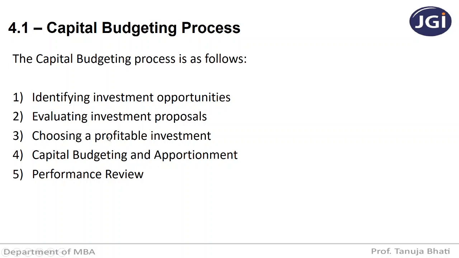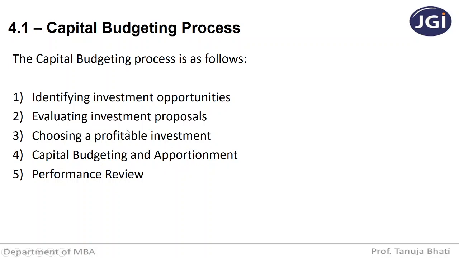Now once the company selects a particular investment, the organization needs to fund that project. So for funds, the company needs to identify the sources of funds and allocate them properly.